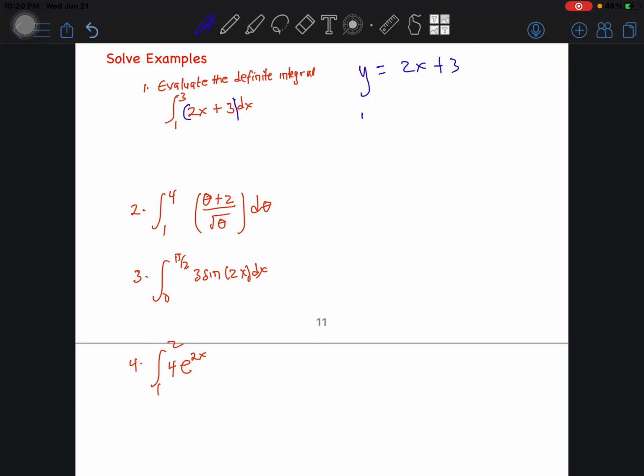At the y-axis, x equals 0, therefore y equals 3. At the x-axis, y equals 0, therefore x equals negative 3 over 2, right?